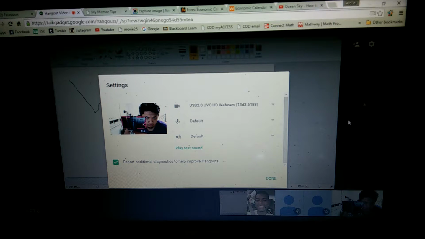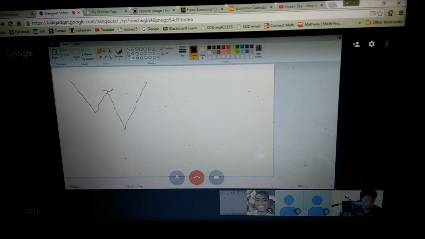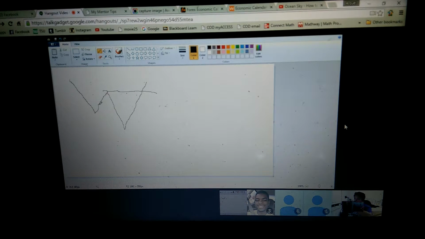Say it breaks through here. And it's always good to draw trend lines too, on structures right here on the top of the structure. That way you're able to determine what's going on in the market basically.